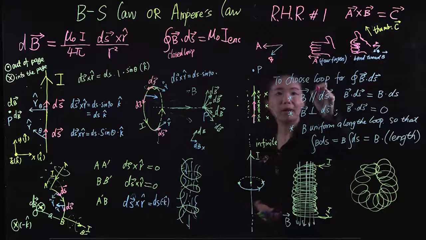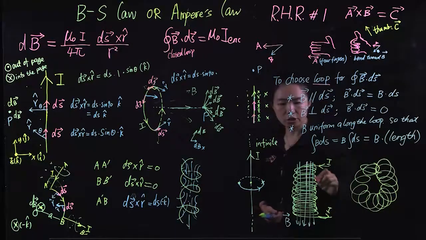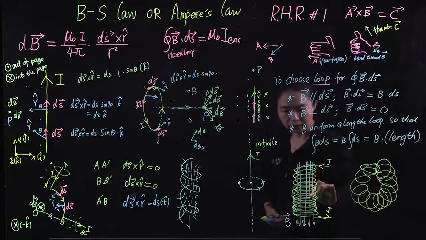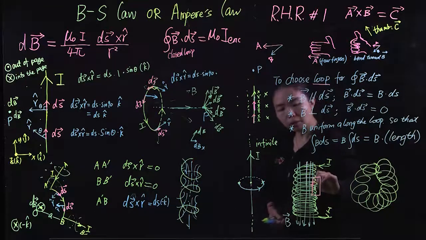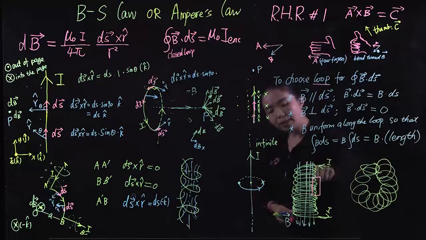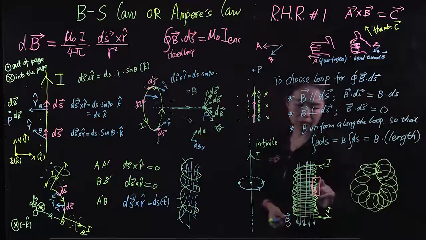We'll be able to find a loop. We can choose a loop like this. It is a rectangular shape, so that in this part, the loop element ds is parallel to the B field. In this part, it's perpendicular to the B field, and this part is perpendicular to the B field.